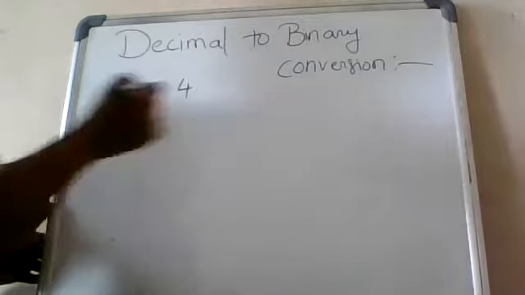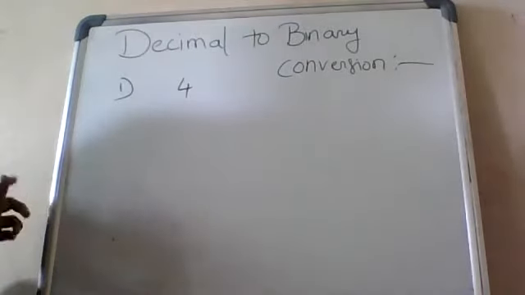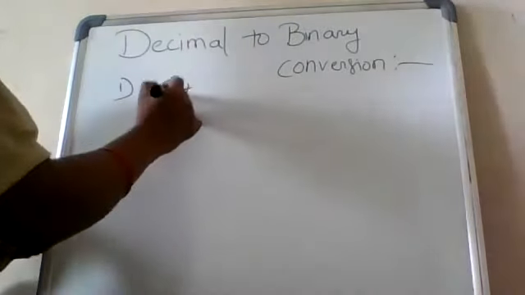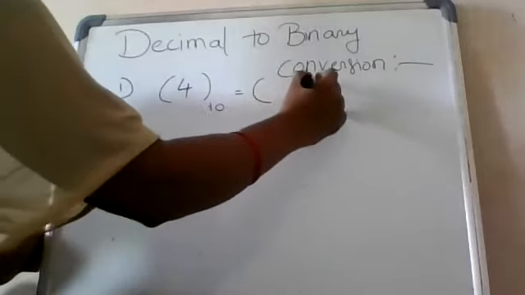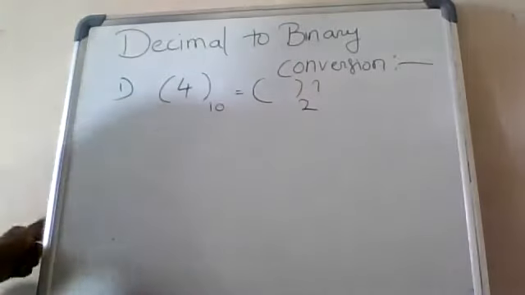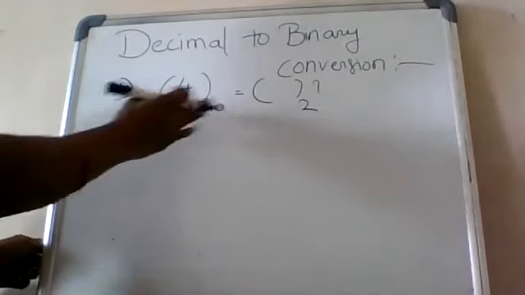Here I am taking 4. Decimal to binary means base 10 equals what binary number, base 2.